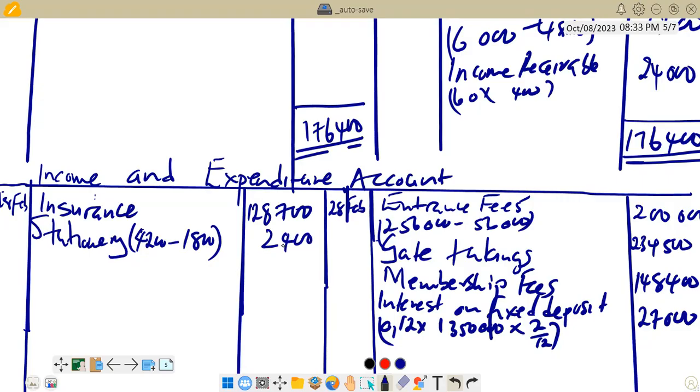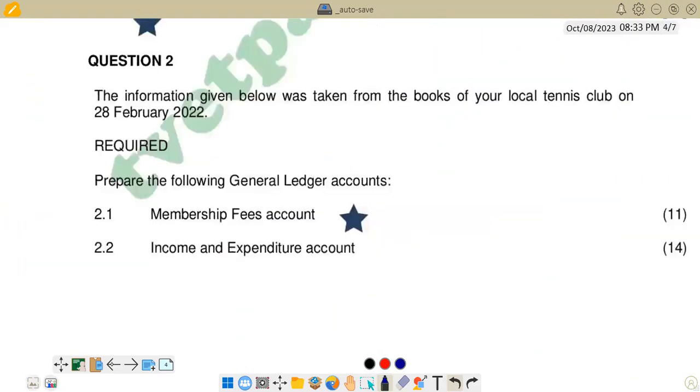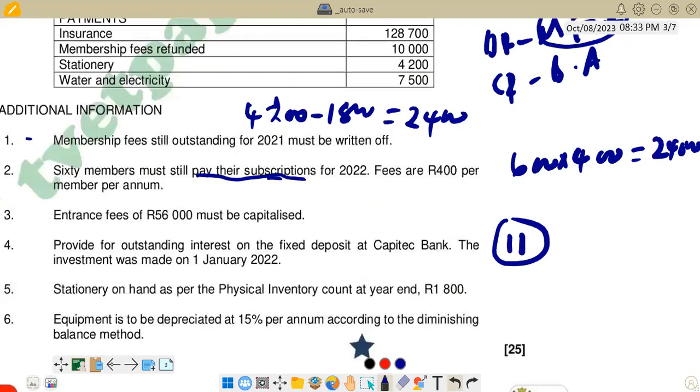Right. After stationery, we go again to check another expense, or expenditure, that we have: water and electricity, 7,500. Then we check again if we have any adjustment to do, because water and electricity is here at 7,500. We don't have any adjustment to do with water and electricity, so we're going to put it as it is.